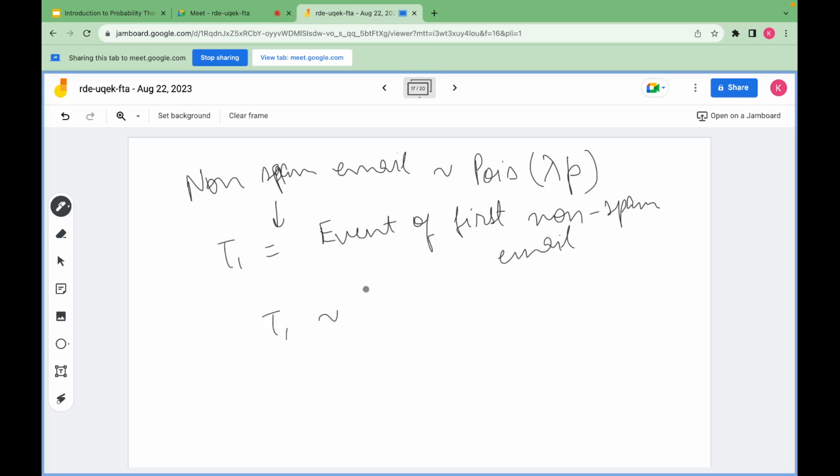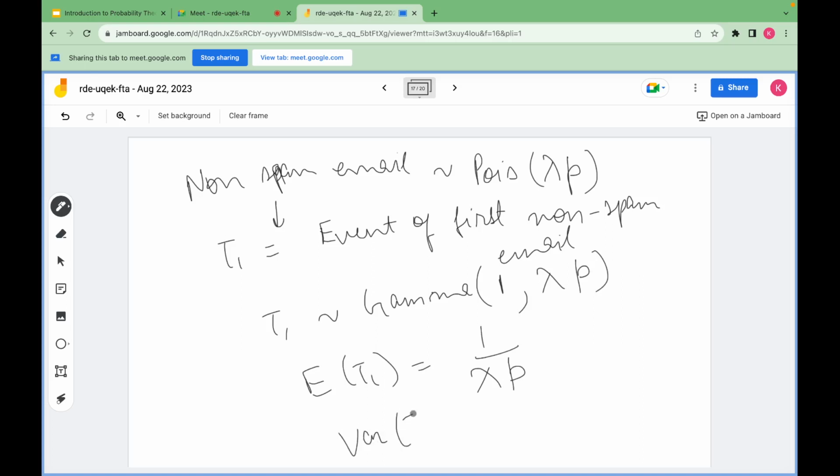This T1 is distributed according to a gamma distribution with parameters 1 comma lambda p. So the expectation of T1 will be 1 upon lambda p and the variance will be 1 upon lambda p whole square. This is from the gamma distribution.